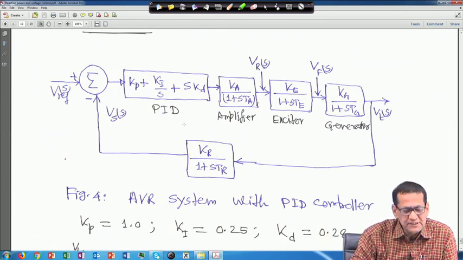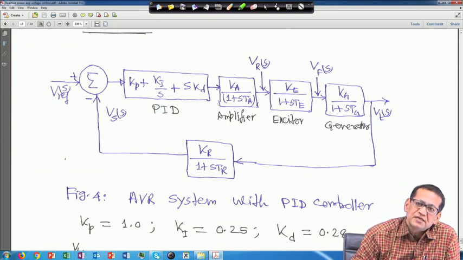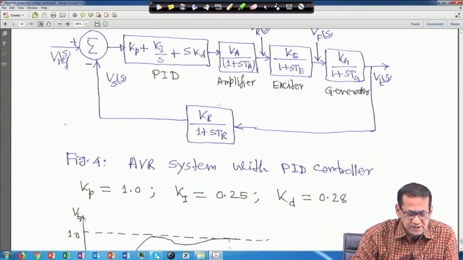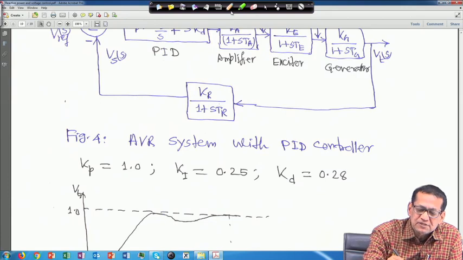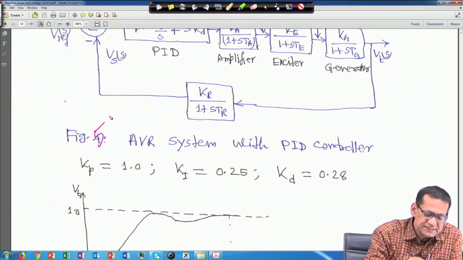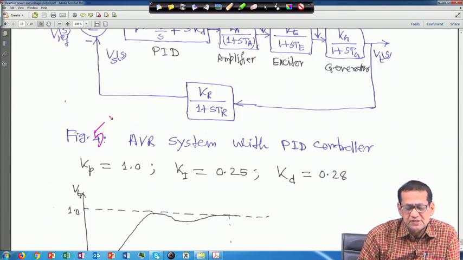No optimization will be discussed here; we will just see how the response is for particular values of Kp, Ki and Kd. So, this will be your figure 5, not 4, just check it and correct it. The figure number is not a problem; the thing is to look into that.